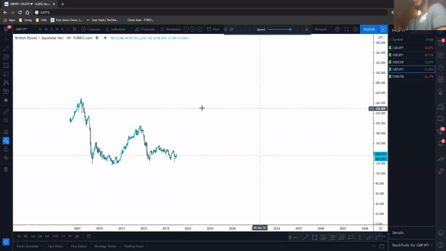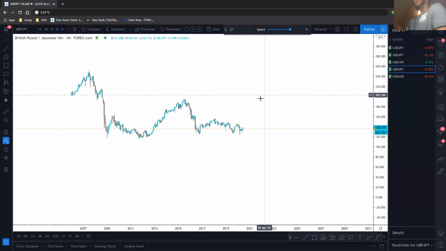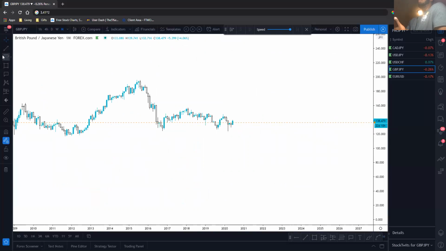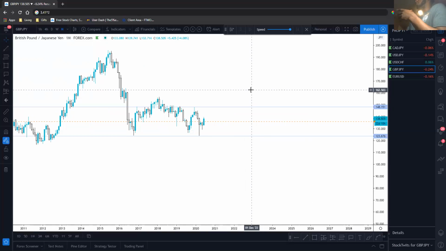Okay, now UJ or GJ, which GJ, I love GJ, or I would say I used to really love GJ. It used to be like all GBP pairs were the only pairs that I traded for a while. I believe GBP AUD was my number one favorite.